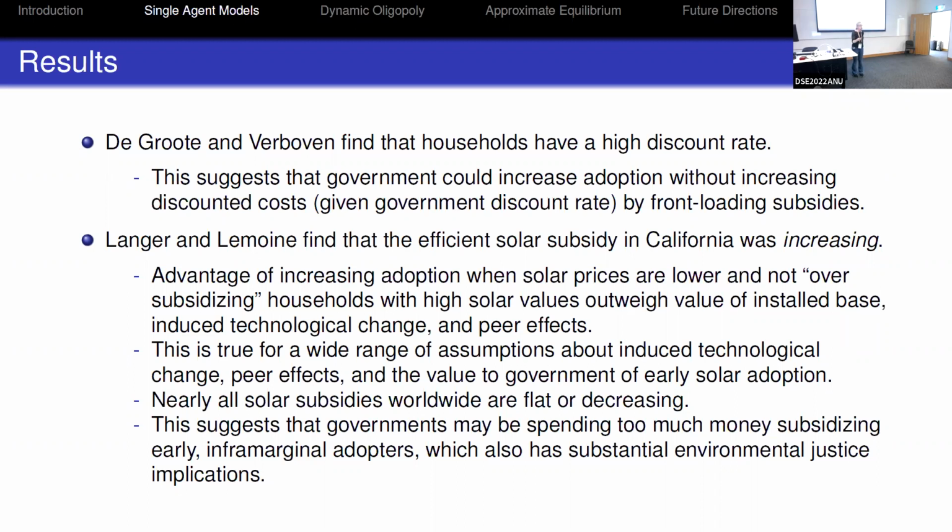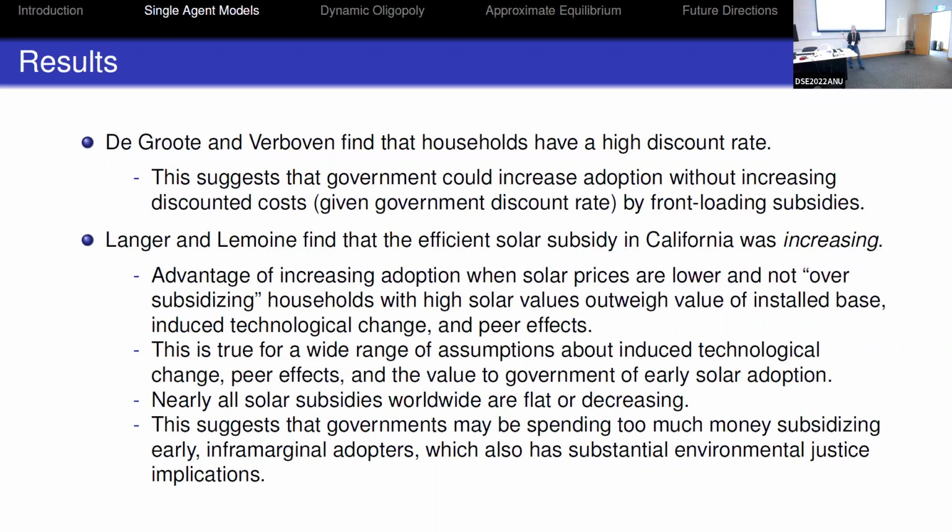And that's huge because of the bang for your buck you get. If you have a fixed budget and you want to get as much solar as you can, or you have a fixed amount of solar you want and want to minimize your costs, either way, it's really advantageous to take advantage of those lower prices in the future, you being the government in that context.